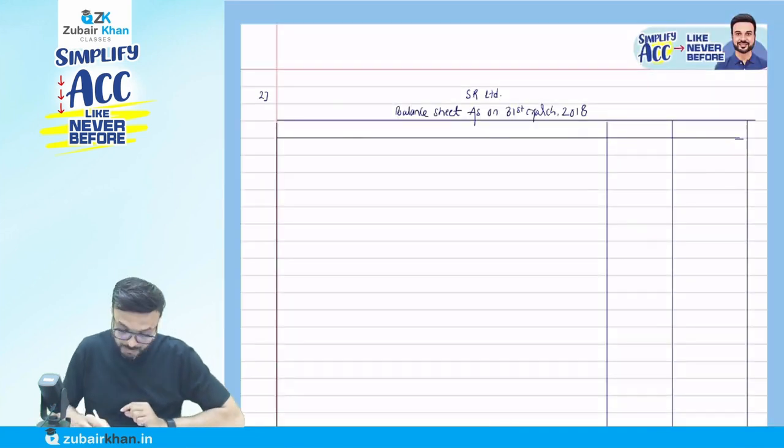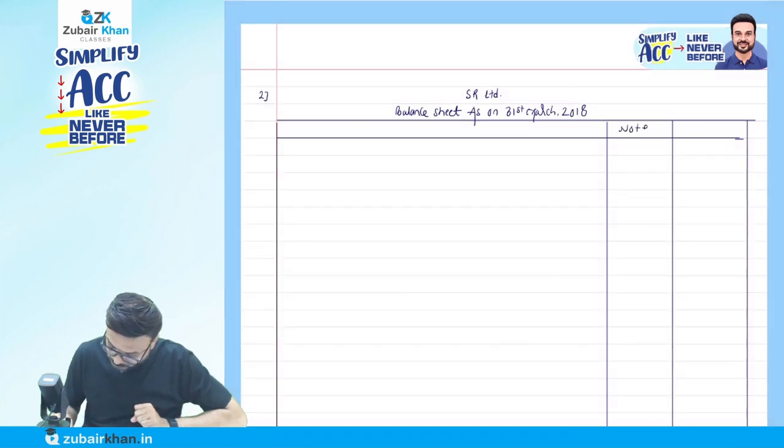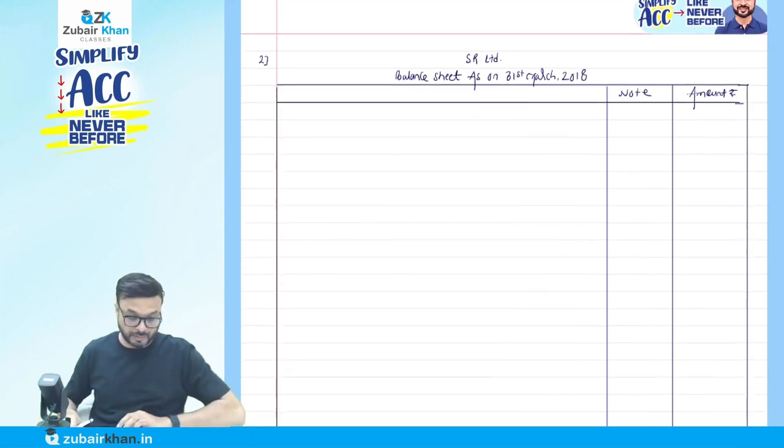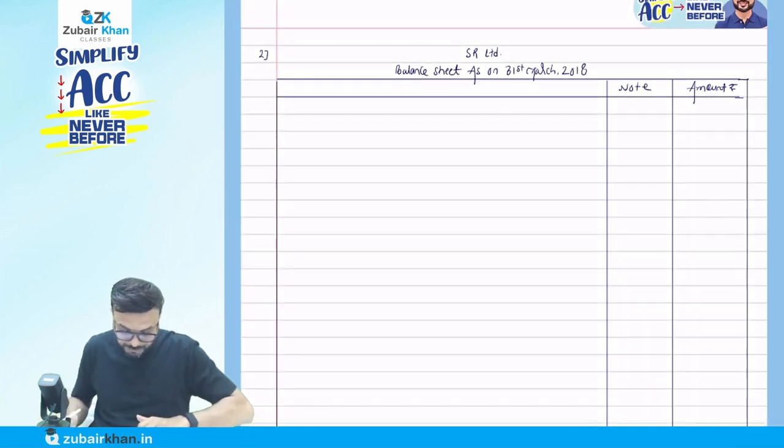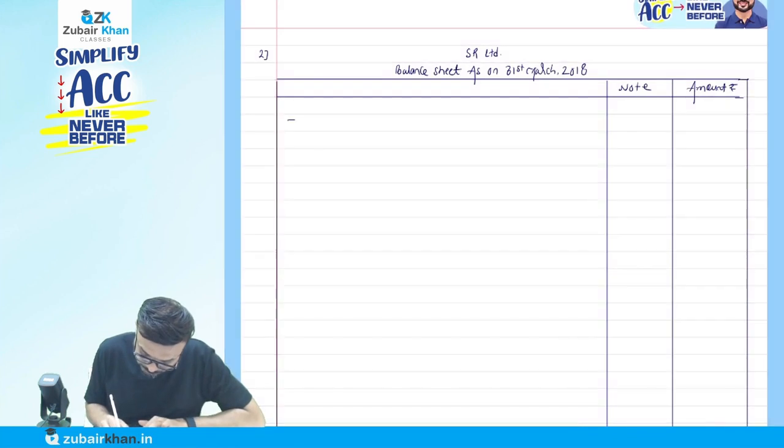Okay. Now write down there now. First here, equity and liabilities.